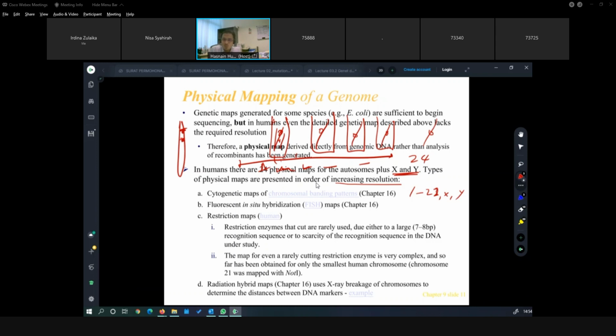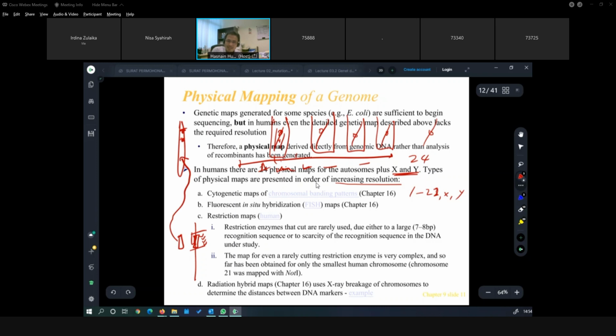Then you can also do slightly better, a fluorescent in situ hybridization map, whereby, for example, you have sequence information from yeast, and for those yeast chromosomes you probably know the sequence on it. Then you take this part only, you cut, and see where it binds on the chromosome.